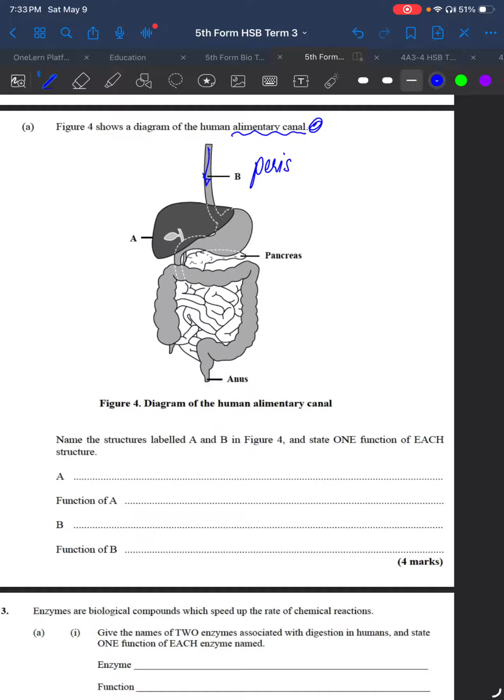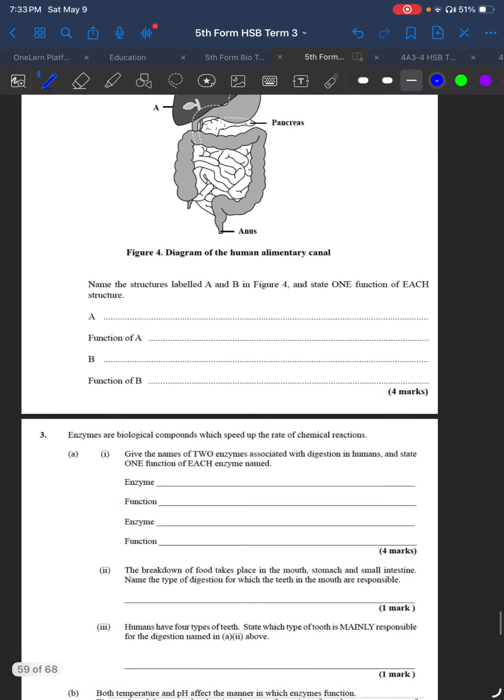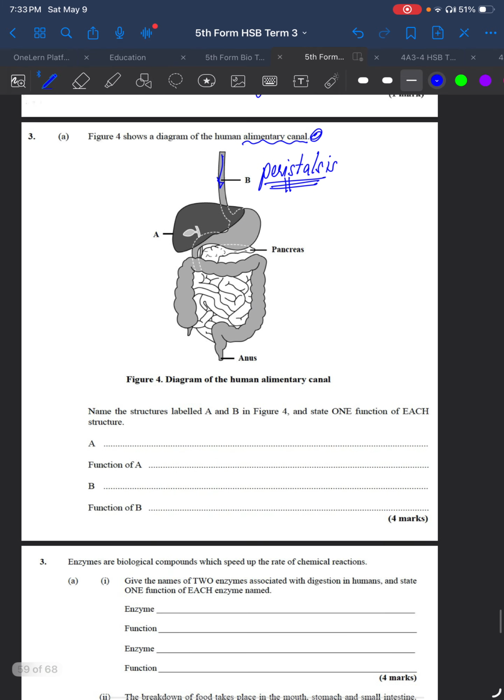And the process, peristalsis, is what helps that muscular contraction that pushes the food down. As one piece contracts, for example, as the top contracts to push it down, this part is relaxed and it just keeps going.